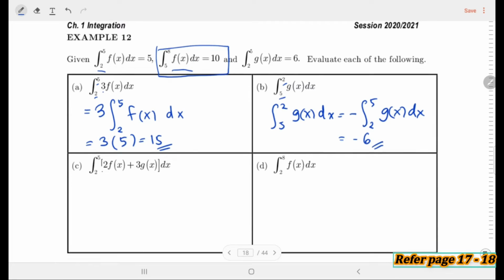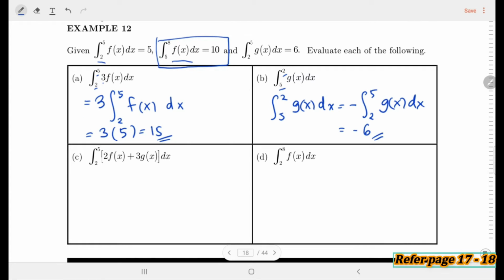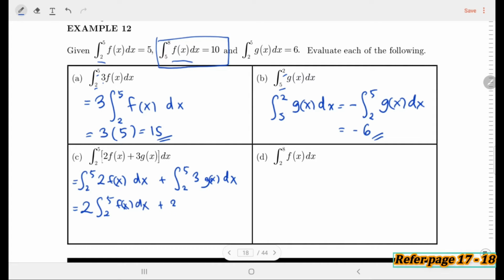Now we look at part C. We have the integral from 2 to 5 of 2f(x) plus 3g(x) dx. We break them up into the integral from 2 to 5 of 2f(x) dx plus another integral from 2 to 5 of 3g(x) dx. As usual, take out the constants: 2 times the integral from 2 to 5 of f(x) dx plus 3 times the integral from 2 to 5 of g(x) dx.